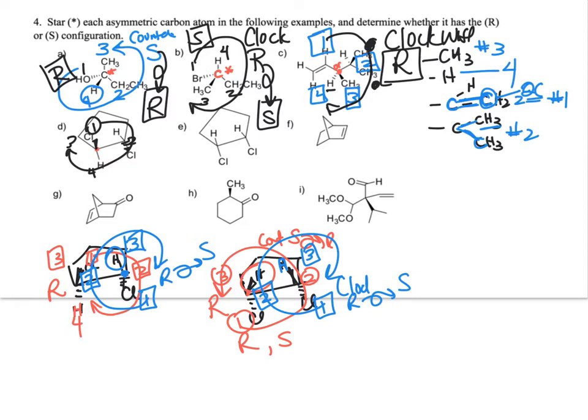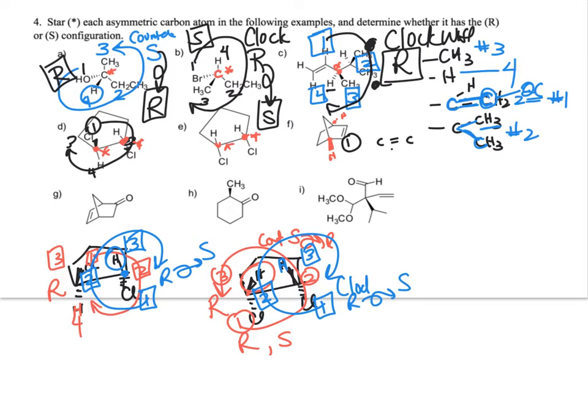Okay, so the next one here, these are your asymmetric carbons. You're supposed to star them. So your asymmetric carbons for this one would be this hydrogen here coming at you. This one would be going back because it's in back of this. And so for assigning your groups, this would get number 1 because it's a carbon double bonded.